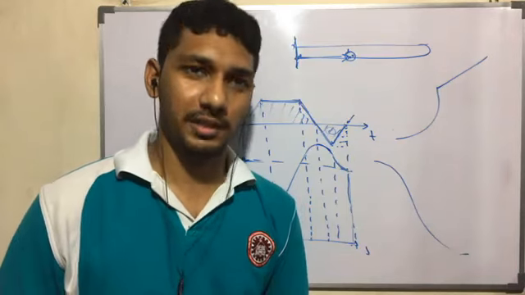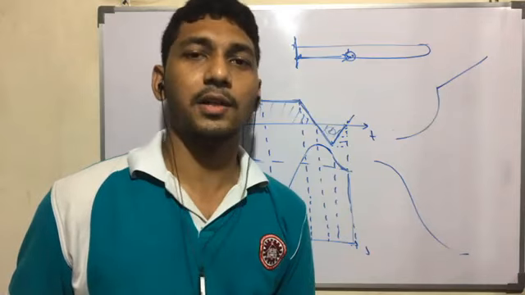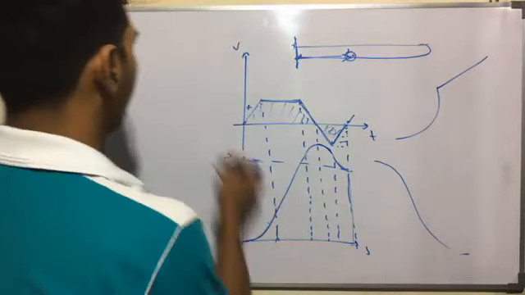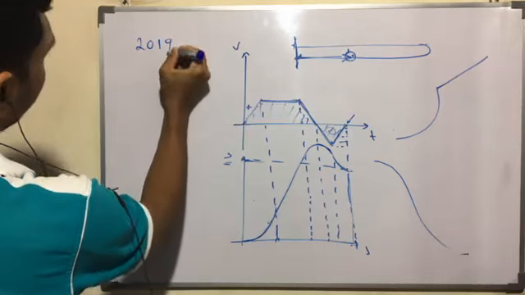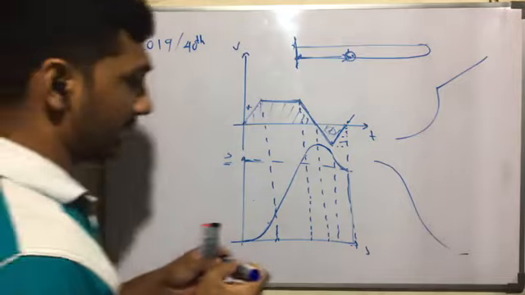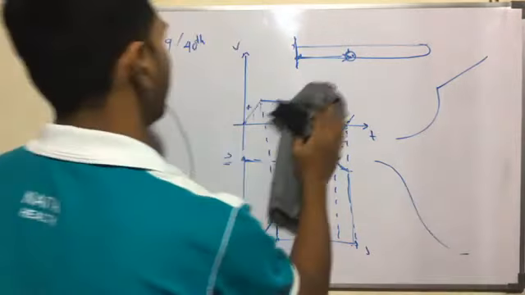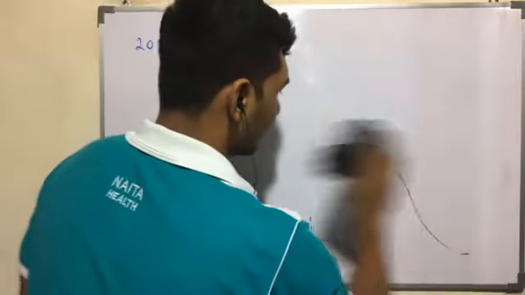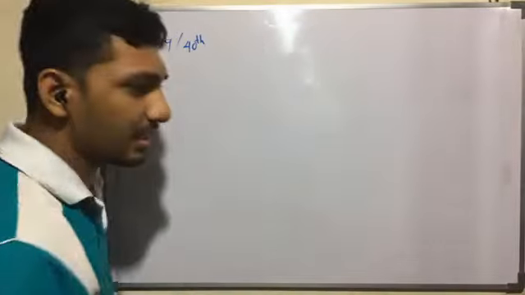Okay, so now we are going to finish the class with a different question. That is from 2019, the 40th question. Take that in your past paper book or whatever. That's a very interesting question.